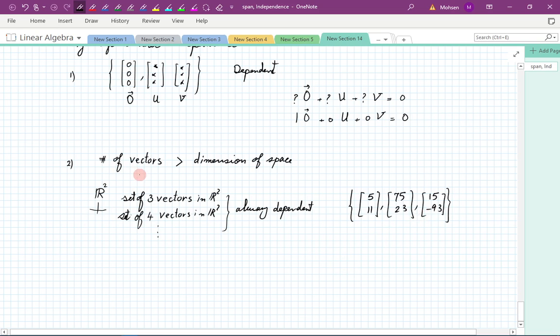If the number of vectors is more than the dimension of the space, then we have dependence. Okay, these are 2 ways of telling that a set is dependent, and we come back to this issue perhaps later on. Until next time, good luck and God bless.